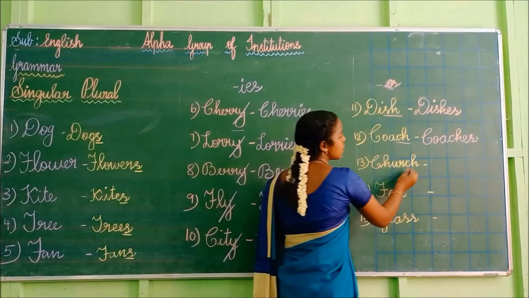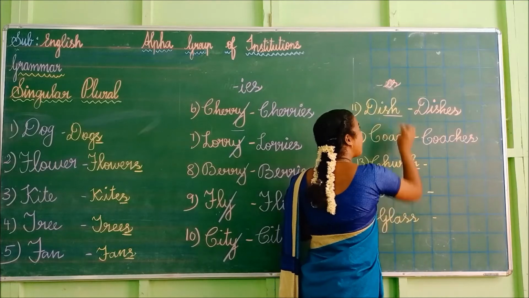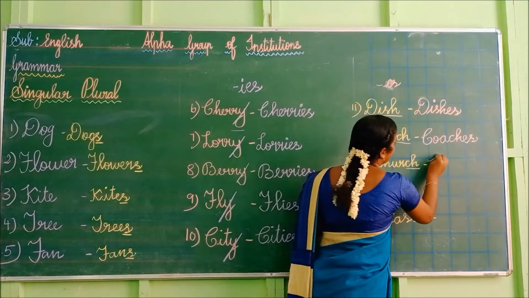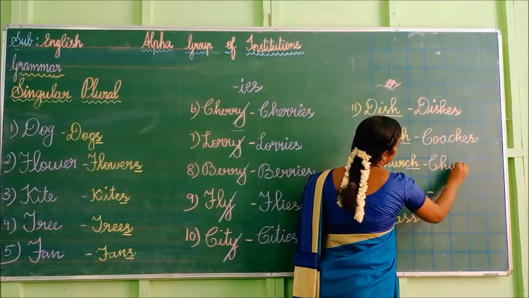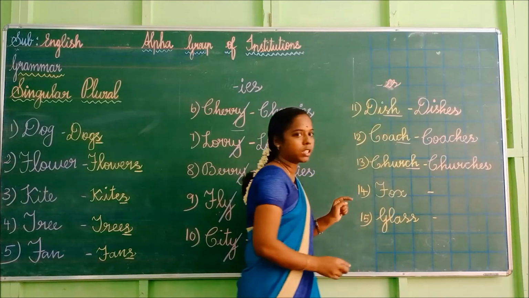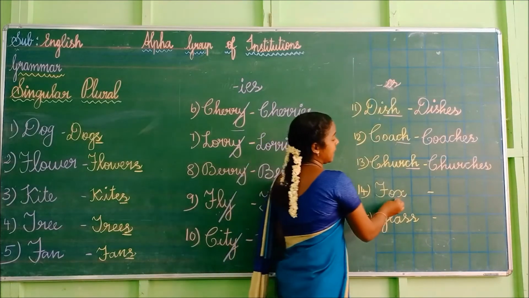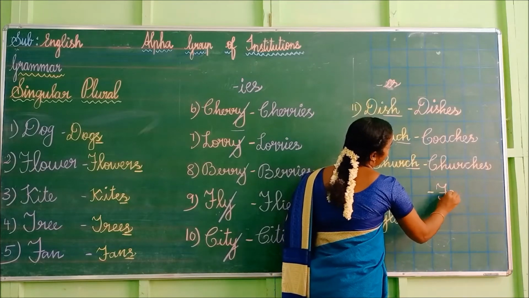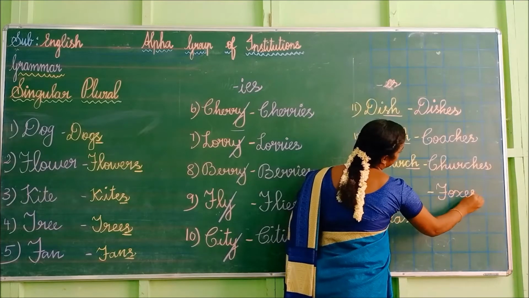Church. Church also ends with the letters CH. So you have to add ES to the singular noun to make the singular into plural. Churches. Next one, fox. Fox ends with the letter X. So you have to add ES. F-O-X-E-S.